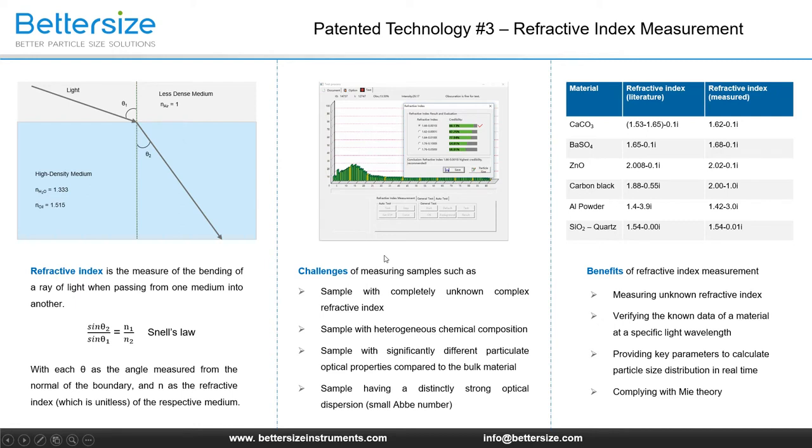So it is a huge challenge to measure samples without known refractive index. To solve these problems, a tool to determine these sample parameters was developed by Bettersize. It can measure refractive index and verify the known data of a material at a specific light wavelength. Most importantly, it provides optical parameters which are essential in particle size analysis.